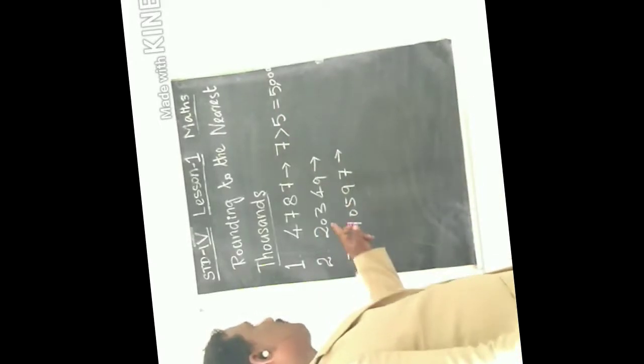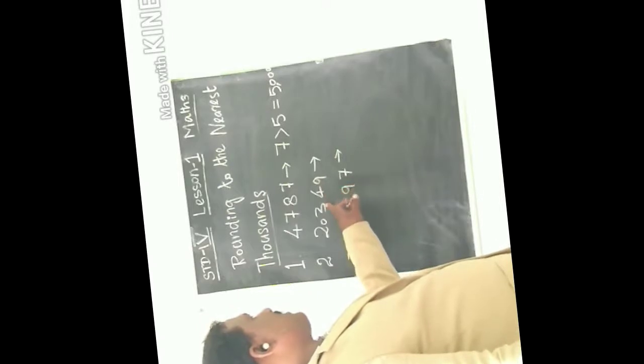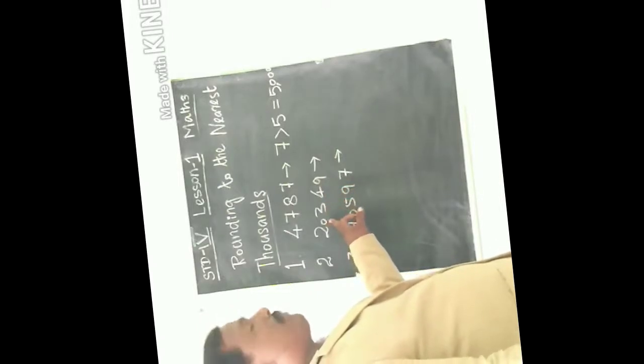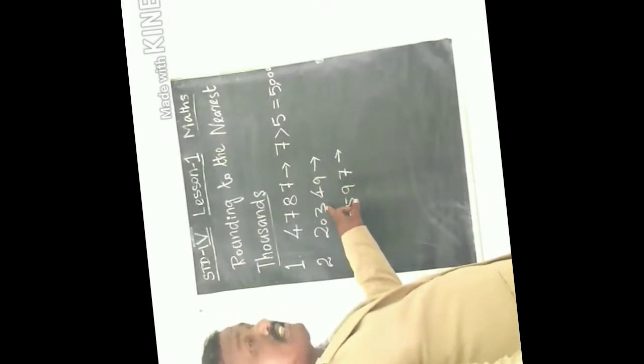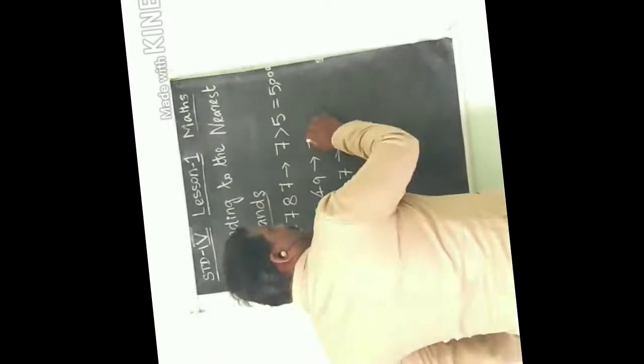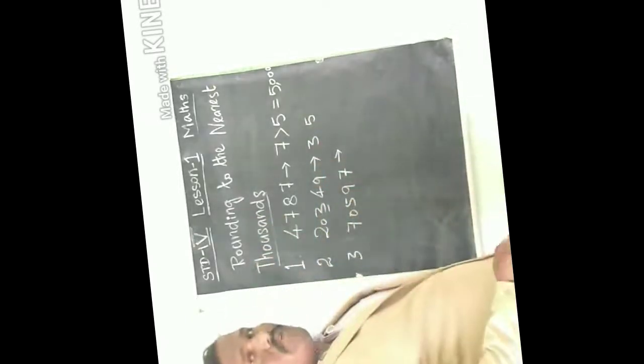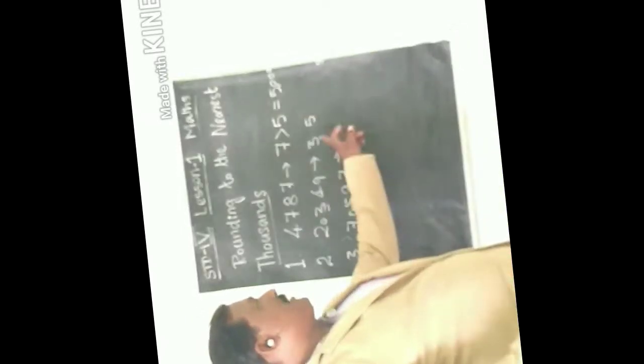Now the second number, nearest thousand: ones, tens, hundreds, thousands. This is the thousand place. The nearest thousand place digit is 3. Now we take 3 and compare it with 5. What operator can I put here, less than or greater than? If I put greater than, it is wrong.